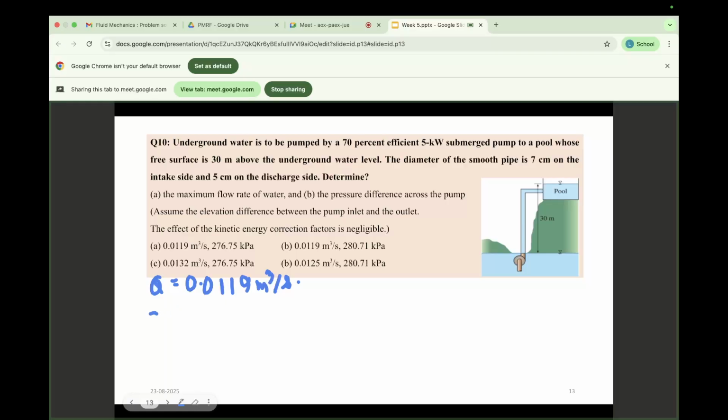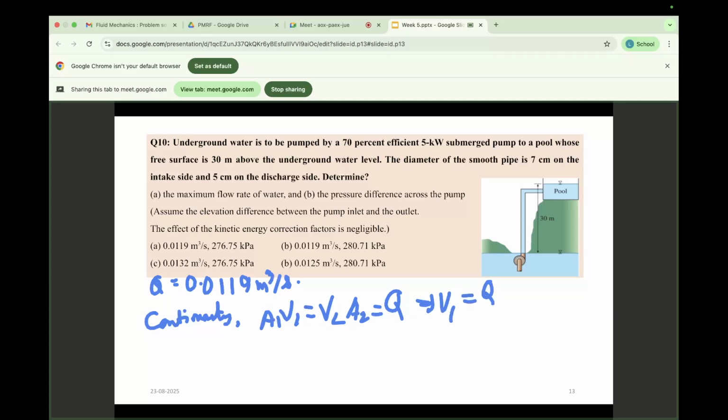So from this continuity equation, what I can write? A1 V1 equal to A2 V2 equal to Q. So V1 means Q by A, right? Q value we know, area also we can find out using this diameter. So in place of Q I can write 0.0119. From this area onward I can write this one is 0.07 square.